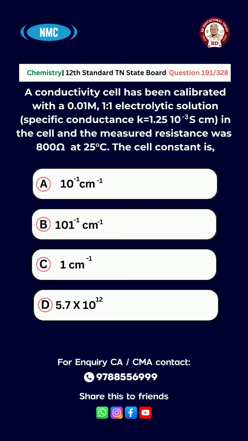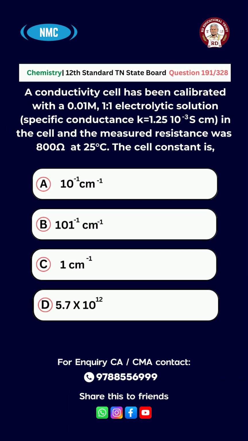Question number 191. A conductivity cell has been calibrated with a 0.01 M 1:1 electrolytic solution. Specific conductance K equal to 1.25 into 10 to the power minus 3 S per cm in this cell, and the measured resistance was 800 ohm at 25 degrees Celsius.